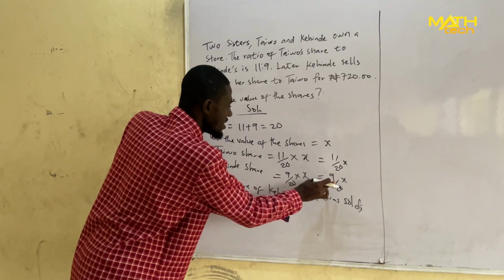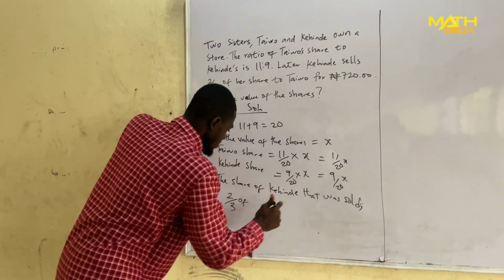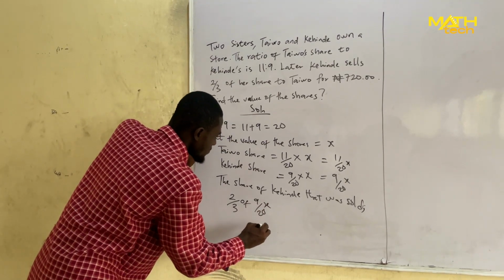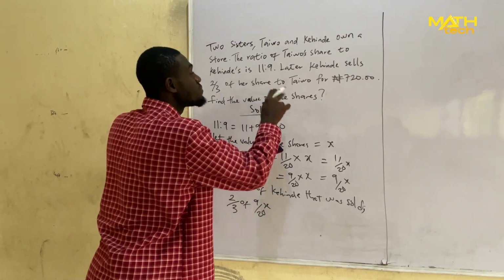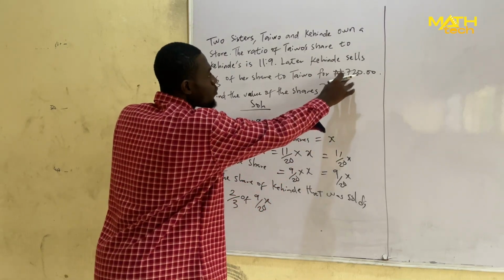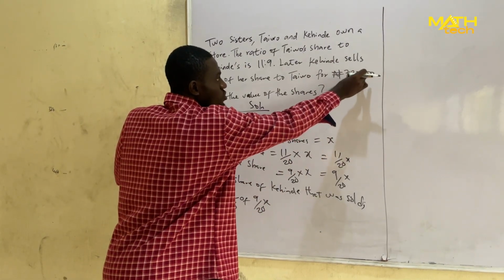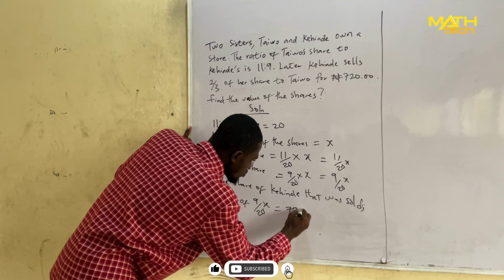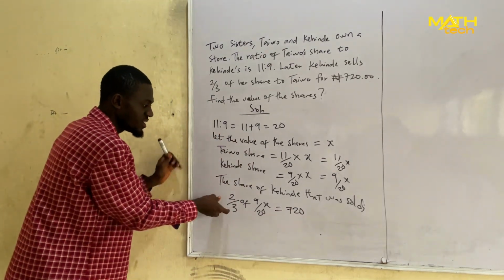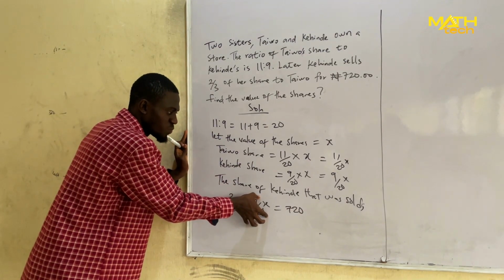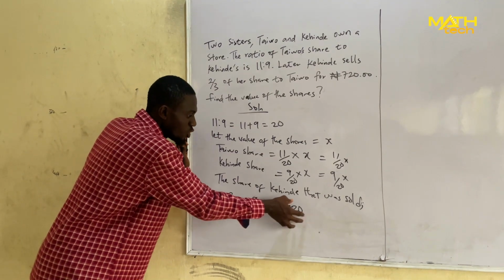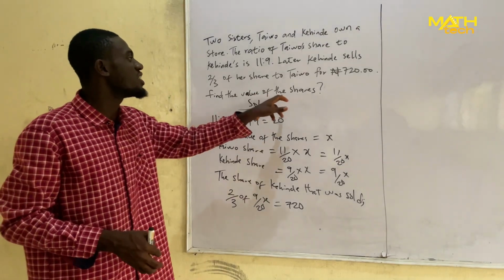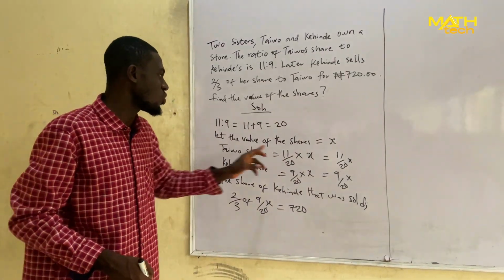Her total share is 9/20x. And the price of what she sold is 720 naira. So 2/3 of Kehinde's share is giving us 720. But don't forget that we are asked to find the value of the shares, and the value of the shares here is X.